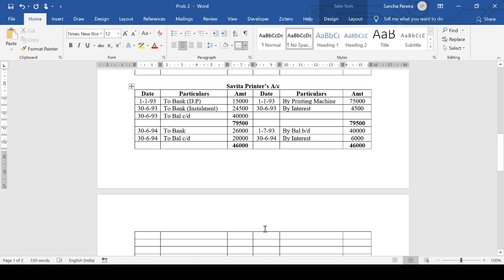Bring down the balance immediately so that you don't forget. 1st July 94, by balance brought down. That is 20,000.